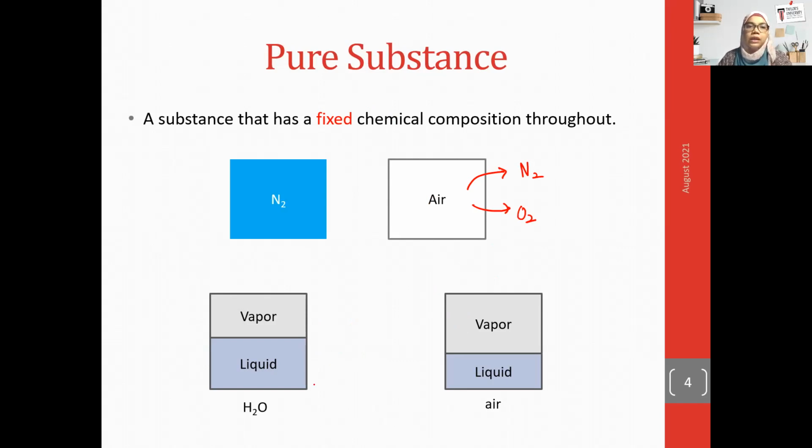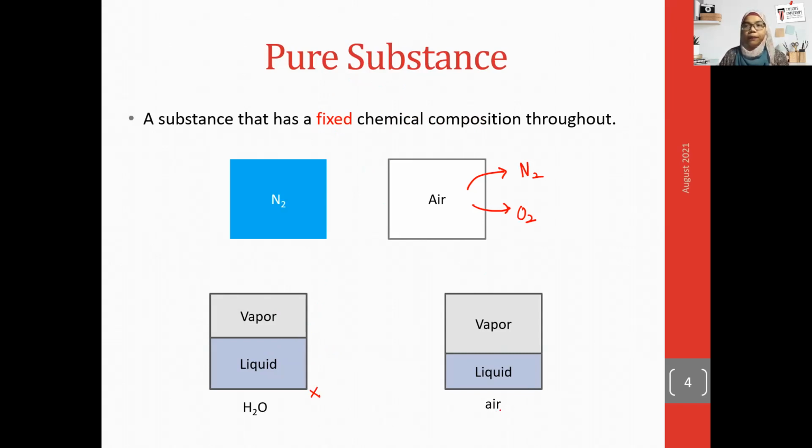So it cannot be categorized as a pure substance because the composition of vapor and liquid is not fixed at all. For example, if we have liquid at a certain composition, the remaining composition is in the vapor phase, right?